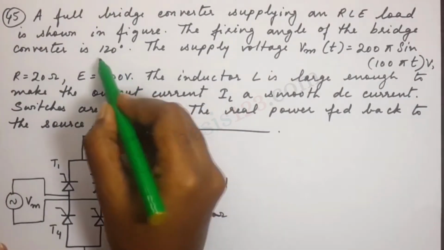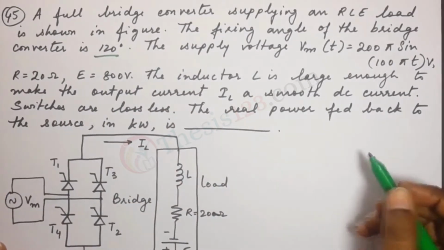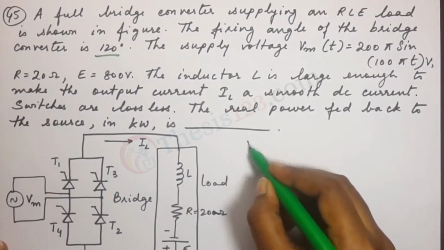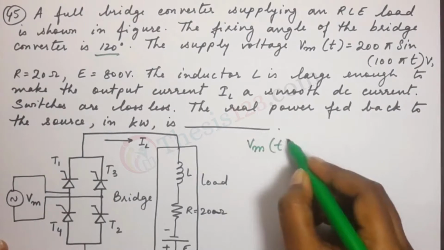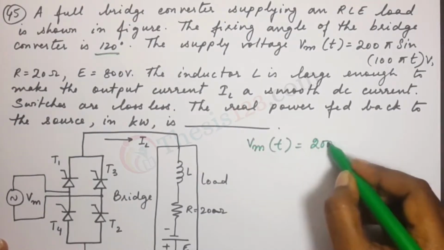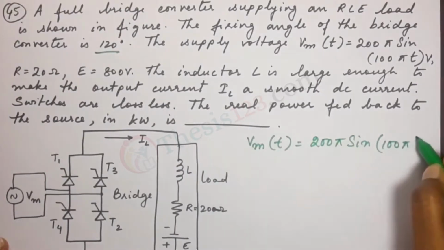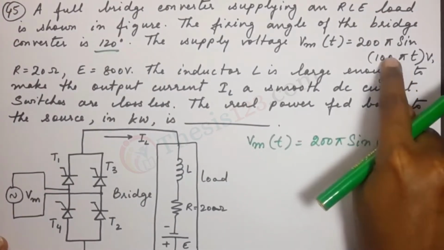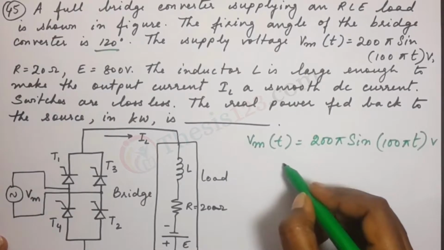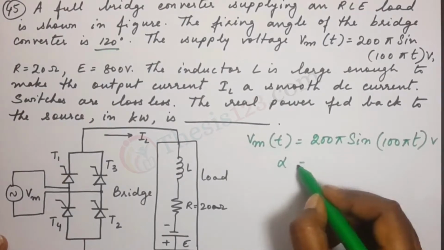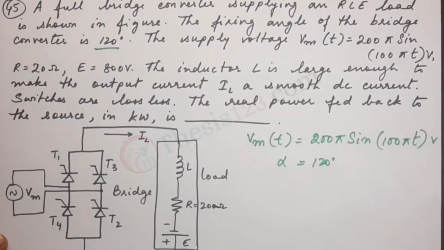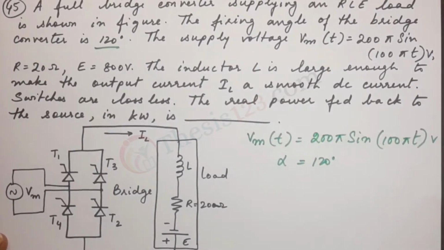We have been given a couple of things. Let's write that down. We have the supply voltage Vm of t, which is 200 pi sine of 100 pi t volts. We have alpha, the firing angle, given to us as 120 degrees.